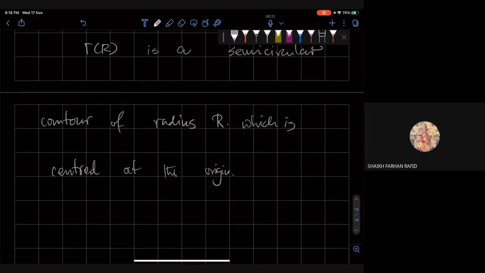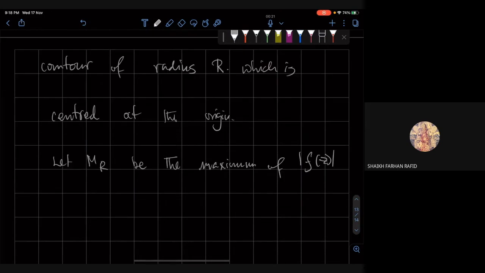Now let m of r be a positive real number, which is the maximum of the modulus of f of z evaluated on gamma of r, right?